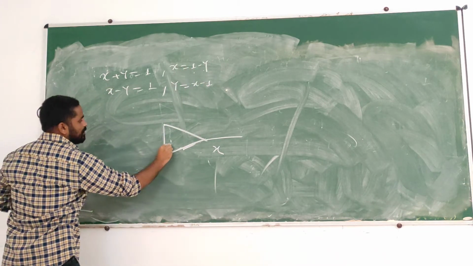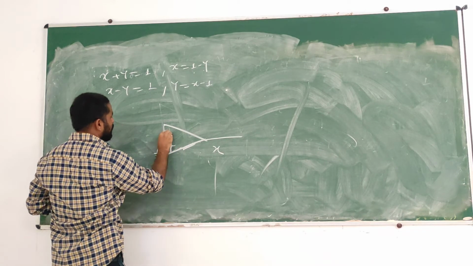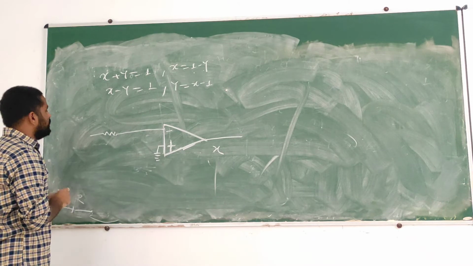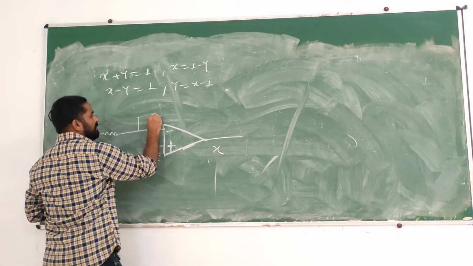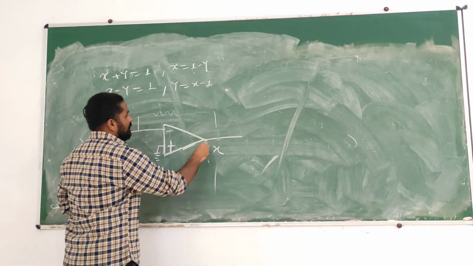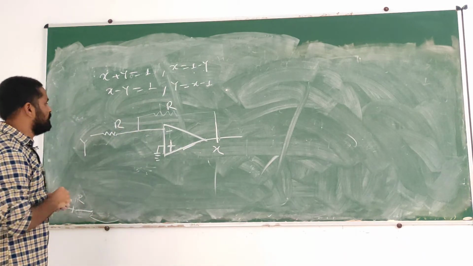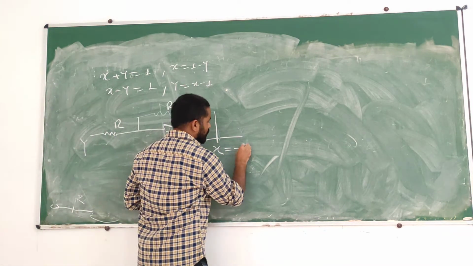We are grounding the non-inverting part and just applying one input. We know if we apply y over here and keep the gain the same, R by R will be giving minus 1, then y will be reflected as minus y.